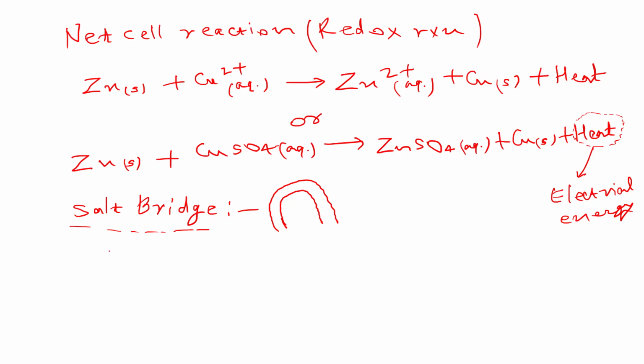So we can write: a salt bridge is an inverted U-shaped tube filled with an inert electrolyte paste. The electrolyte we use in the salt bridge should be inert.